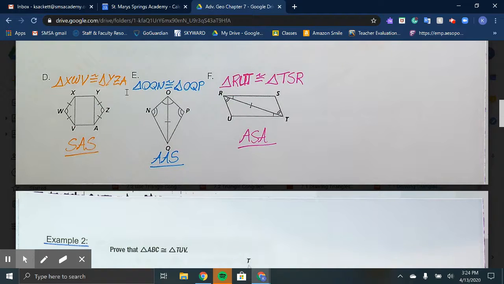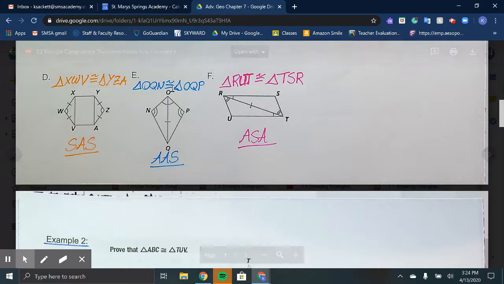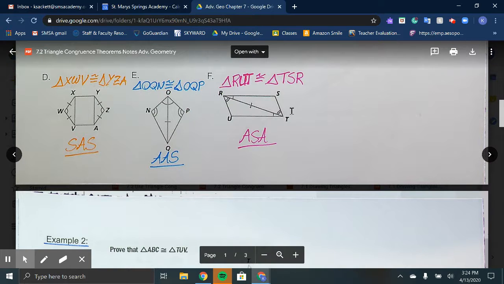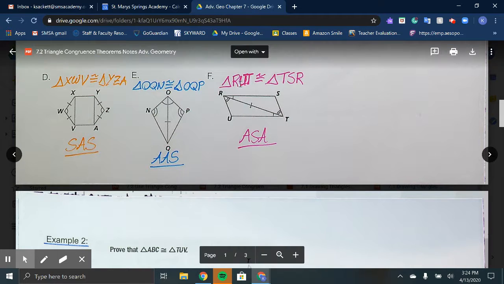In E, we have two angles and a non-included side. So that would be angle, angle, side. So triangle OQN is congruent to triangle OQP. And the last example for part 1, in F, we have angle, side, angle with the included side in between the two angles. So triangle RUT is congruent to triangle TSR.